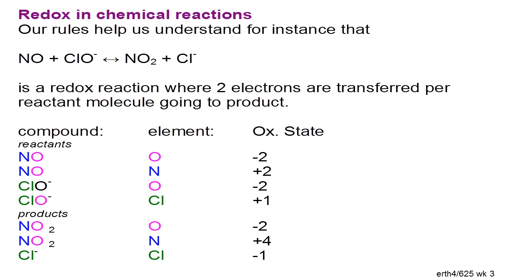We can apply all the bookkeeping methods, and I've done that in the table below, which shows you the oxidation state of oxygen, nitrogen, and chloride on both sides of the chemical equation. And if you look through it, you will see that there has been a change in, for instance, the oxidation state of the chlorine, as well as the oxidation state of the nitrogen.